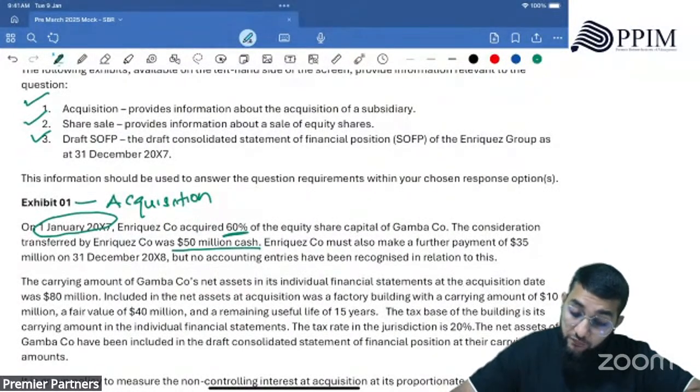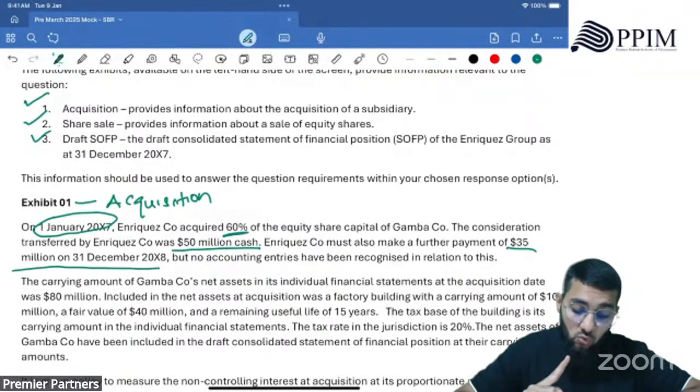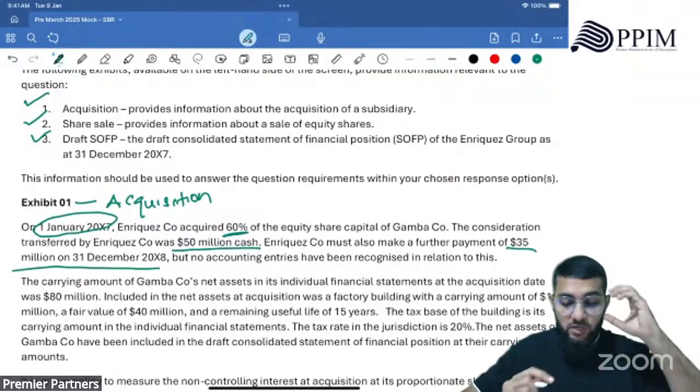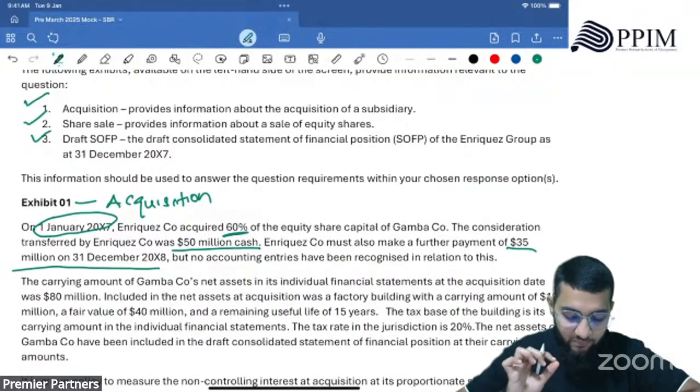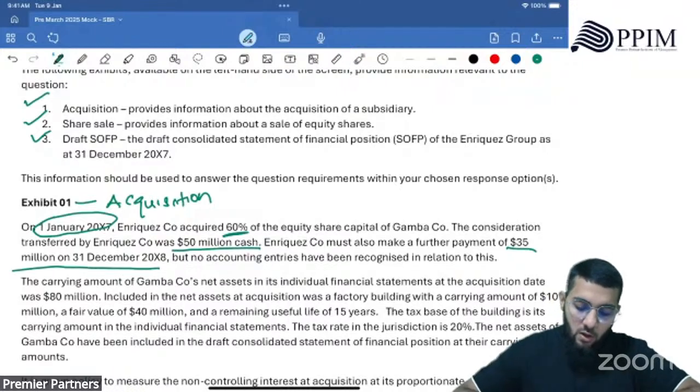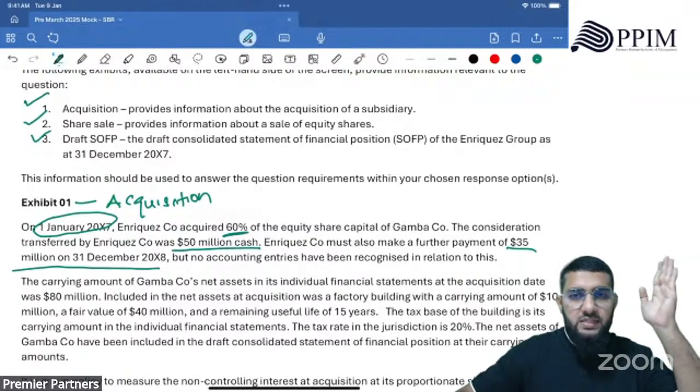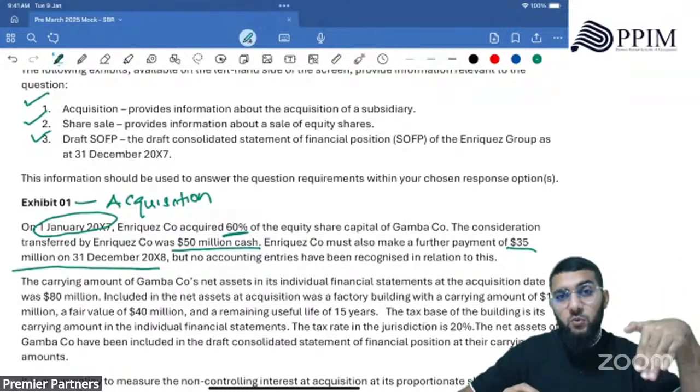Enriquez Co. must also make a further payment of 35 million on 31st December 2088, but no accounting entries have been recognized in relation to this. Okay, there we see the first problem, the first issue or error. We identified that, right? 35 million on 31st December 2088. 1st January 2087 is where the acquisition happened.